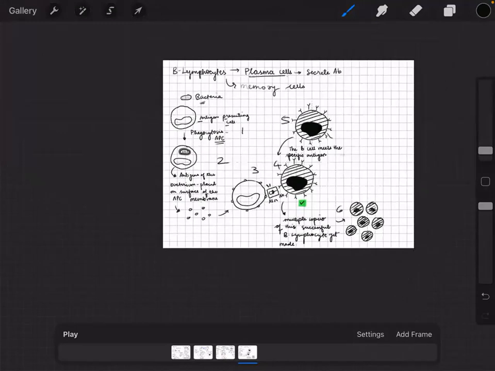Next time, when the same bacterium infects you, the memory cells will only be activated.